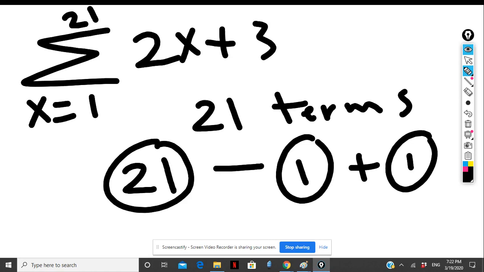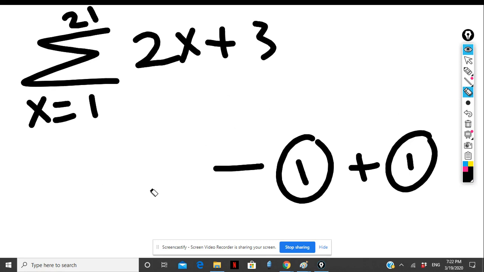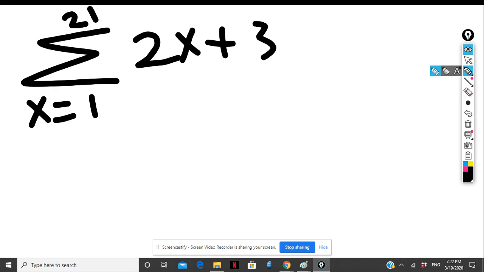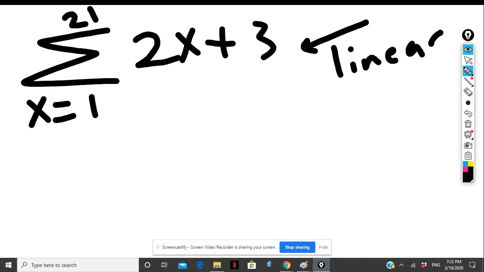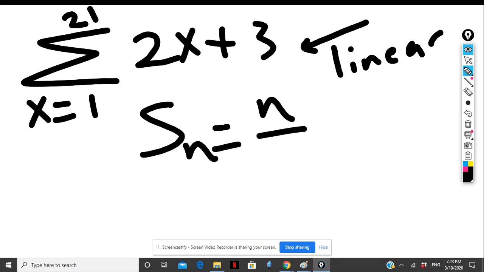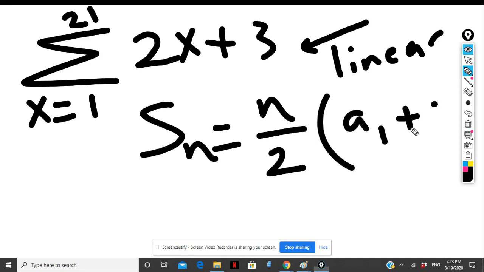Okay, so can I use a shortcut for that? Yes, I can use a shortcut. Since I know that it's arithmetic, why? Because this is linear. So I can use the formula for the arithmetic series. How? We know that the sum is n, the number of the terms, divided by 2, times the first term plus the last term.